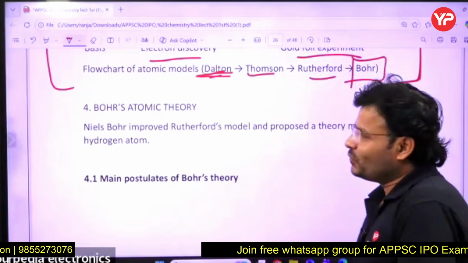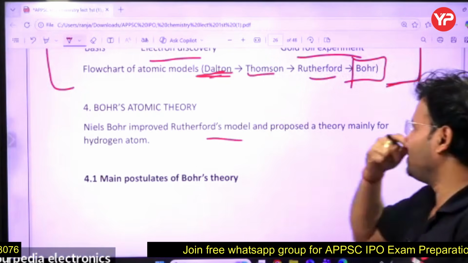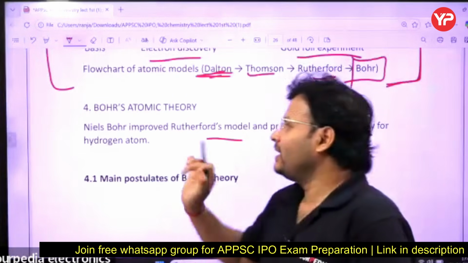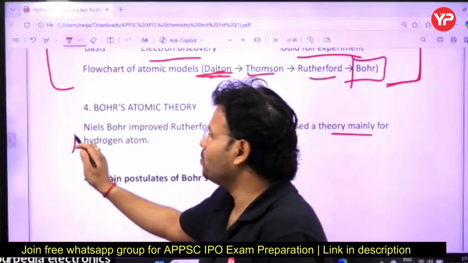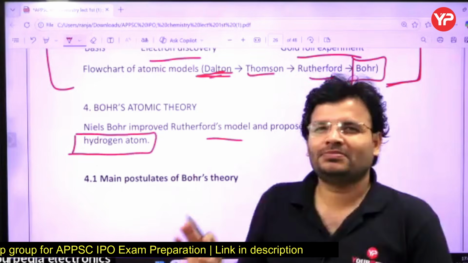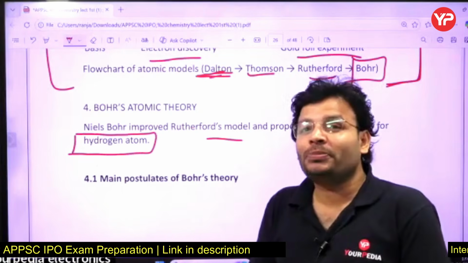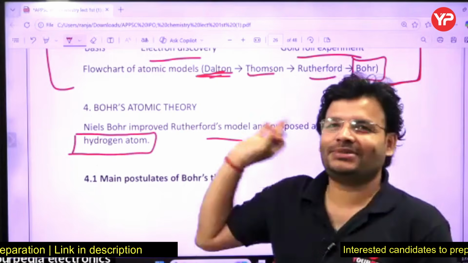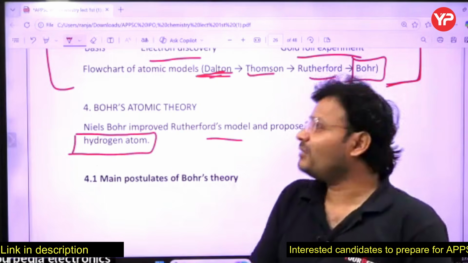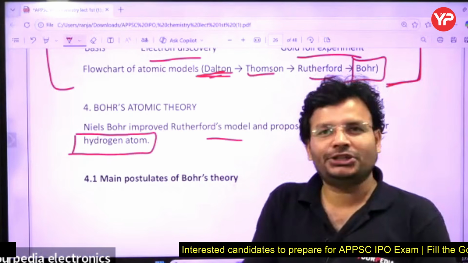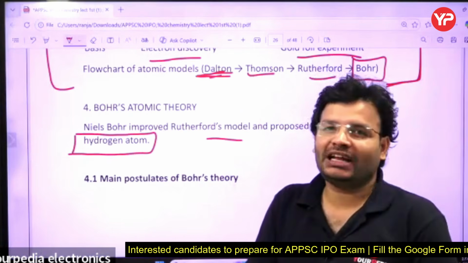He improved the Rutherford model and proposed a theory mainly for the hydrogen atoms. Keep in mind that most of the time the question asks whether Bohr's atomic theory is applicable for hydrogen, helium, nitrogen, or carbon. Always remember Bohr atomic theory mainly deals with hydrogen atoms.